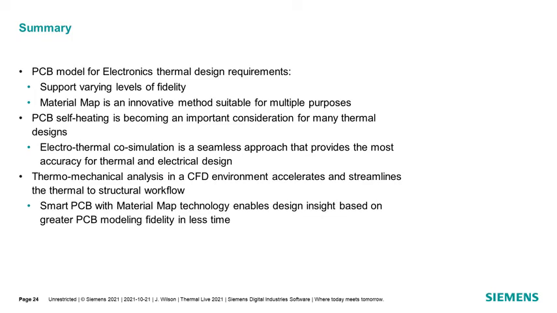We saw that the copper electrical conductivity is a function of temperature, and getting those temperatures right for the DC drop calculation is important, and it's only going to be right if we're simulating it in our system level thermal design model.